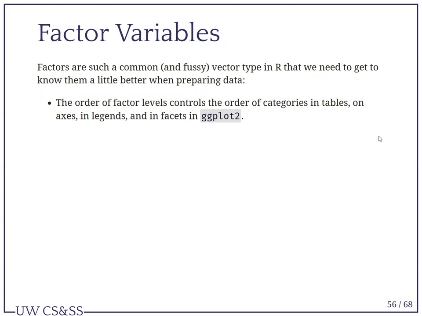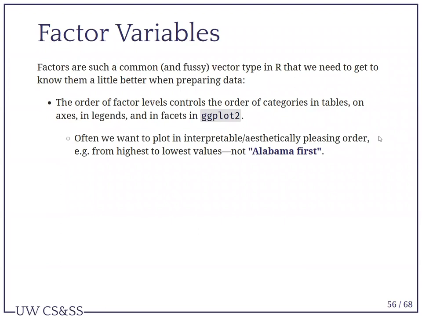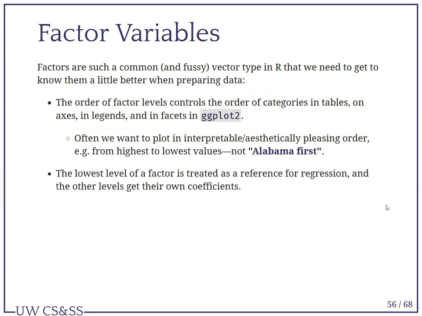So what happens is it will quietly assign character things to a factor in order to order them. Often we want to plot an interpretable and aesthetically pleasing order, something like the highest to lowest values, and not just Alabama first, as is often the case when you're at a conference roundtable or something.